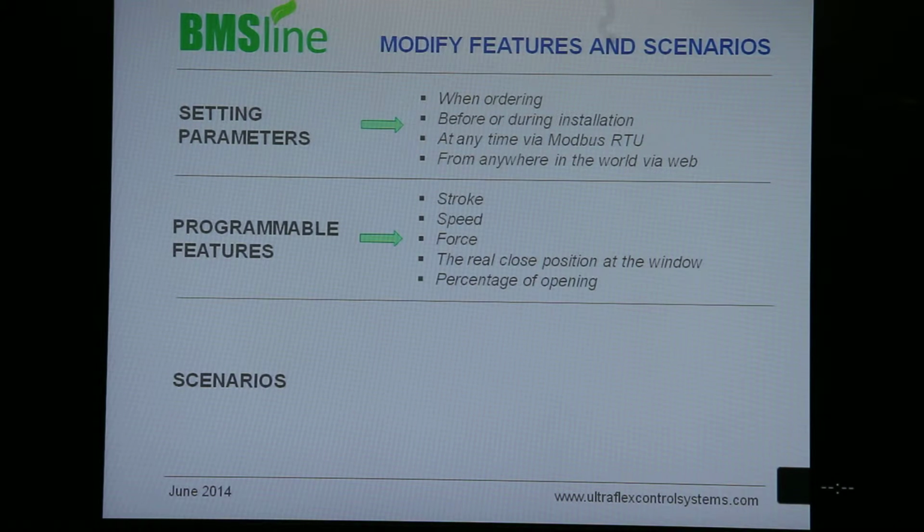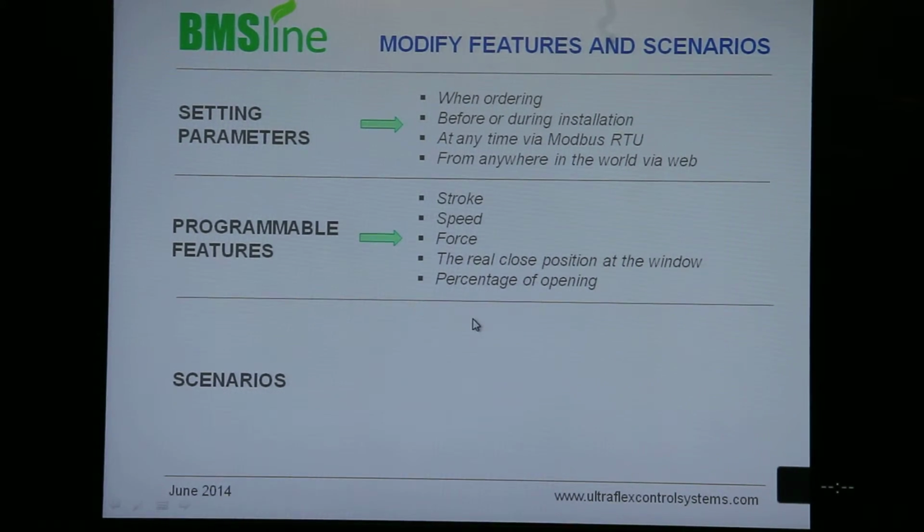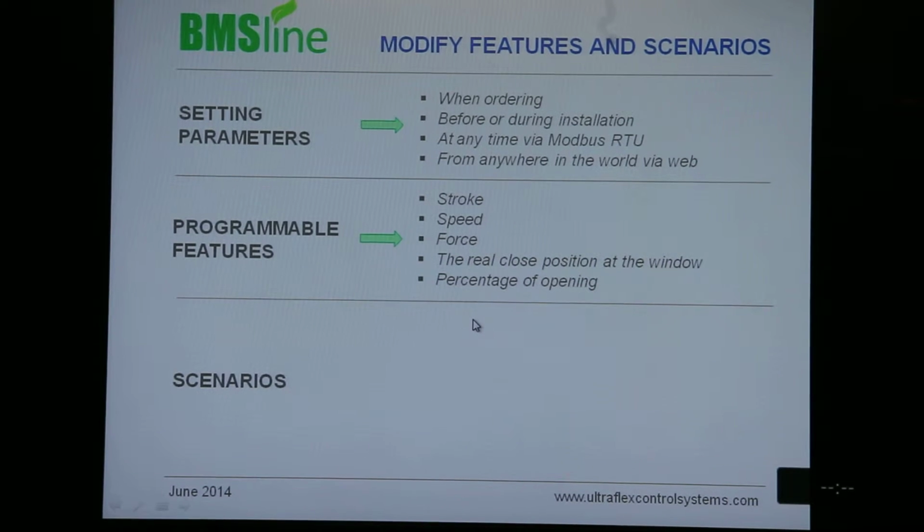The programmable features are the stroke, speed, force, the real close position of the windows, percentage of the openings. So UCS provides these features to the BmS line products, that is stroke, speed and force. You can set these parameters according to your window.